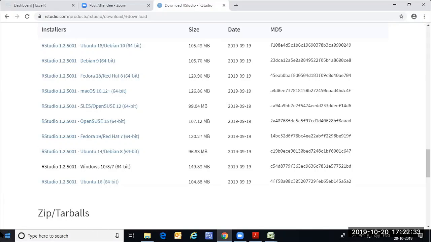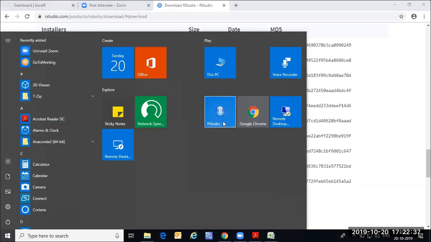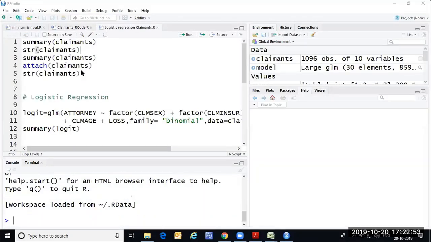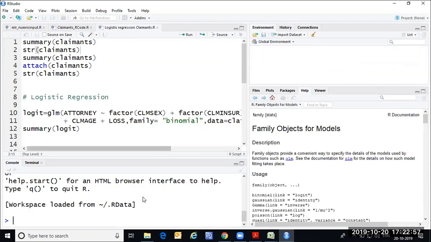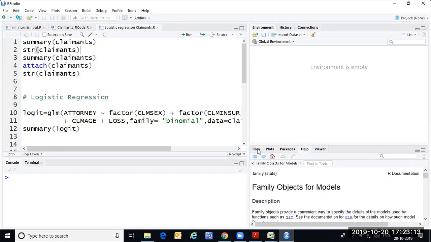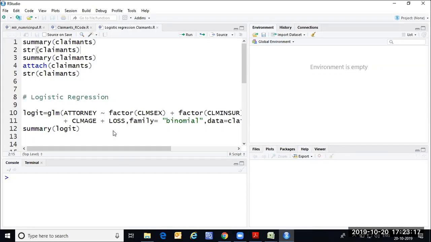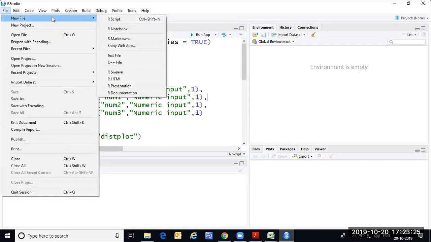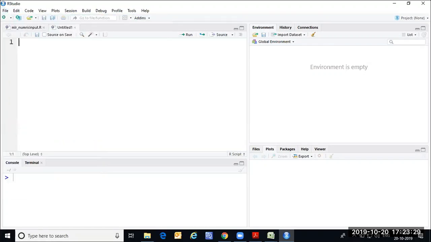Once you install RStudio, it looks like this. This is how it looks the moment you launch it.